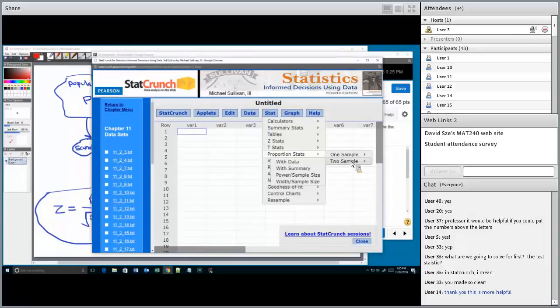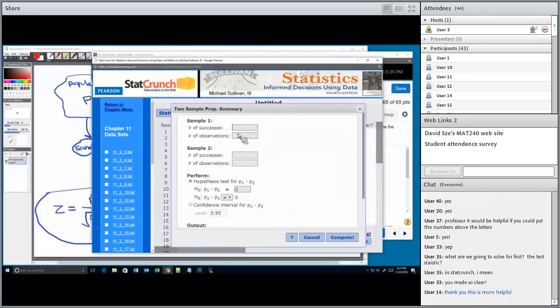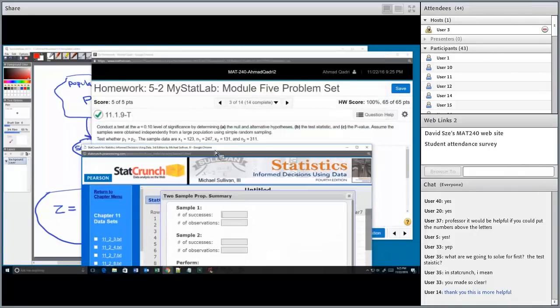So we're going to go to two sample this time because we have two samples. And I'm going to again go to With Summary. Okay. And notice that they have given you the boxes for two samples. And all you have to do really is just place these numbers in the correct boxes. So for sample one, number of successes is 123 out of 247.